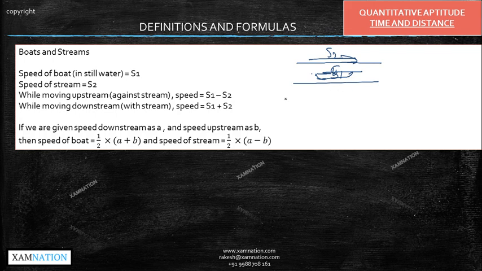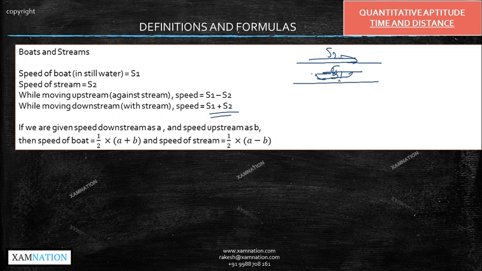So the relative speed is s1 plus s2, because the flow of the river assists in moving the boat faster.